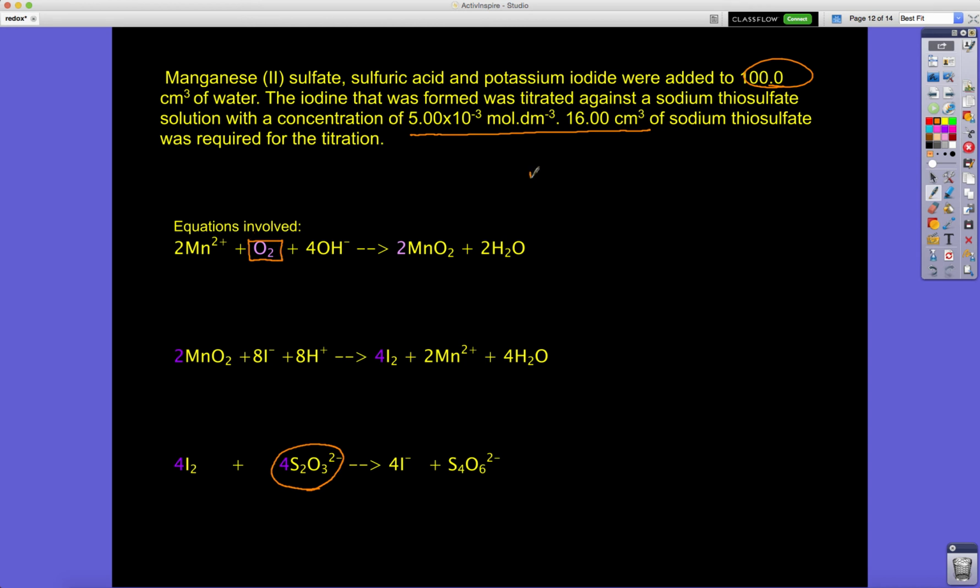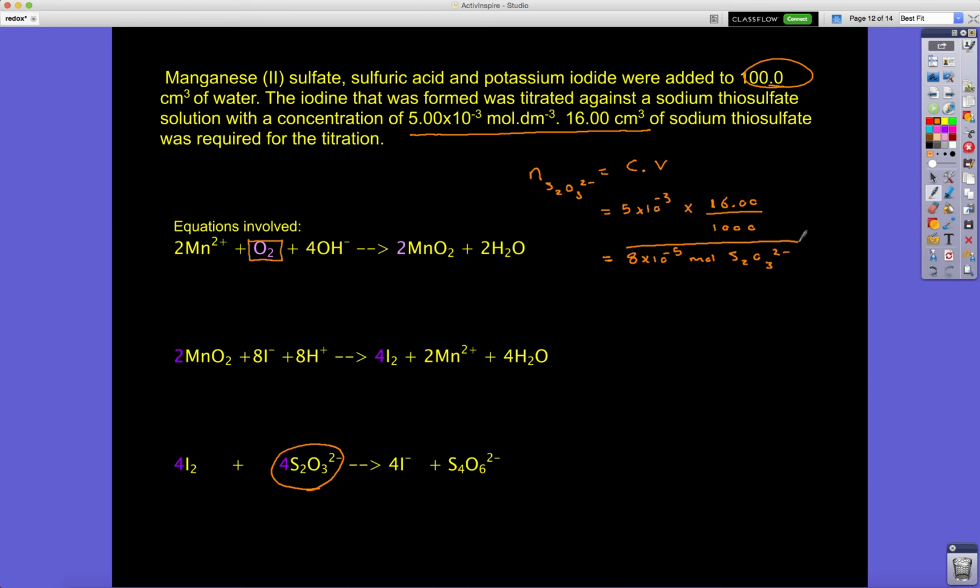And remember, moles is nothing but concentration times volume. So for thiosulfate, it's concentration times volume. Concentration is 5 times 10 to minus 3 mole per decimeter cube times volume. The volume is in centimeter cube. We have to convert it to decimeter cube. So we divide it by 1,000, and when you do this, you find 8 times 10 to minus 5 moles of thiosulfate.